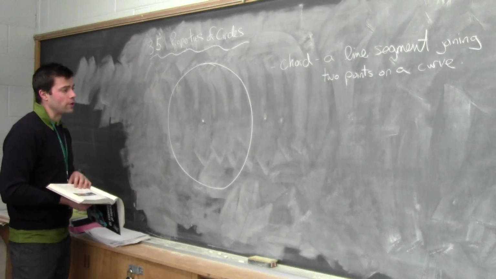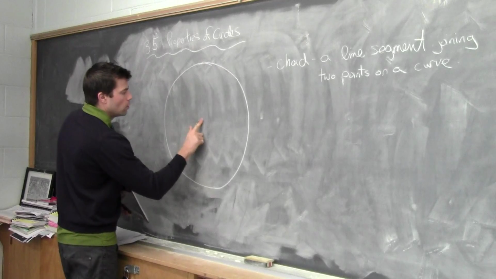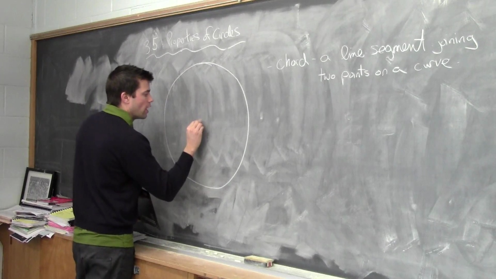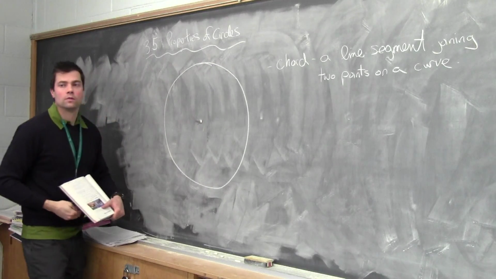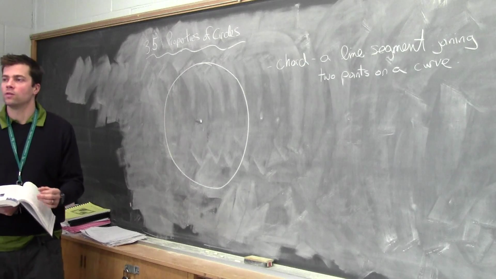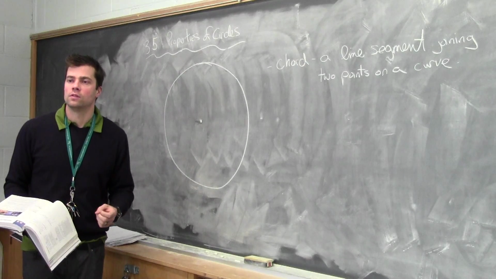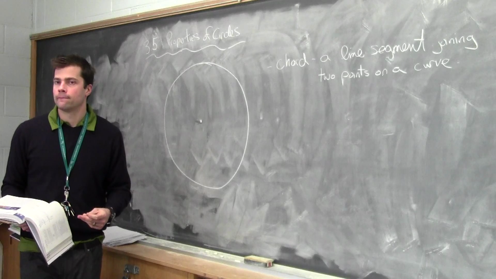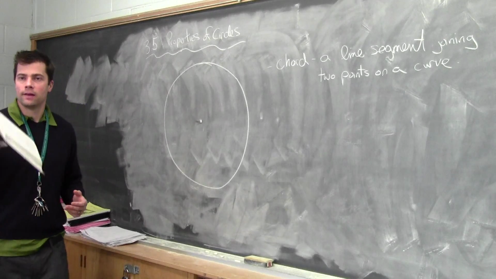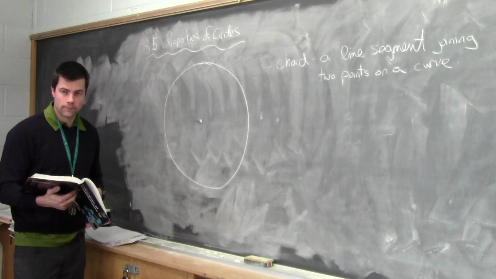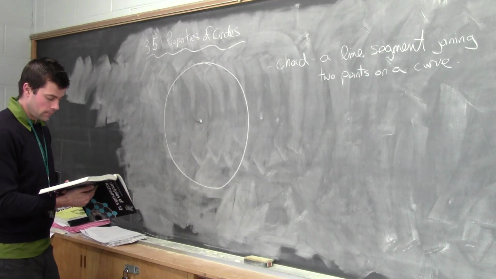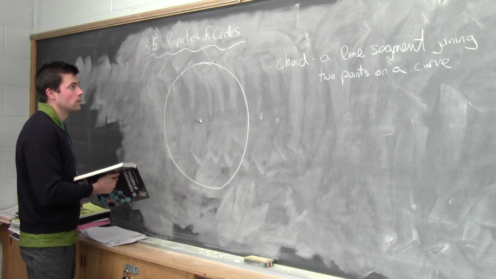Before we start, what property does diameter have? What do I mean when I say the diameter of a circle? Yeah, the distance from a point on a circle crossing through the midpoint of the circle to another point. Good.